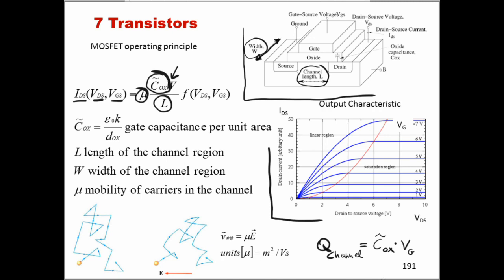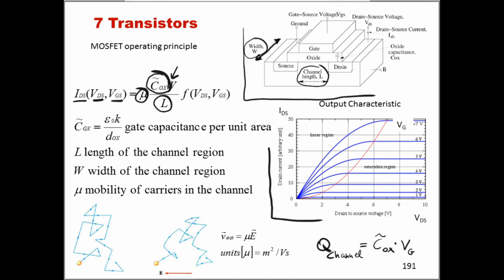And then there should be some function of both the voltage between the drain and the source, and the voltage between the gate and the source. And so in the next few slides, we will try to analyze in more detail how in practice this IDS function should be.